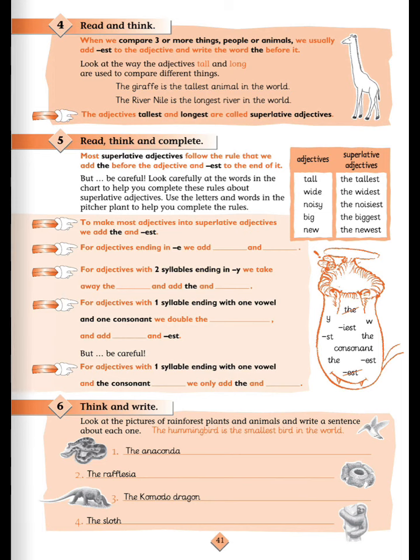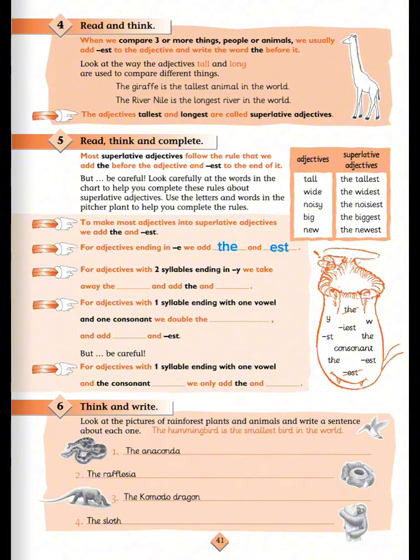Use the letters and words in the picture planet to help you complete the rules. To make most adjectives into superlative adjectives, we add the and est. For adjectives ending in e, we add the and est.